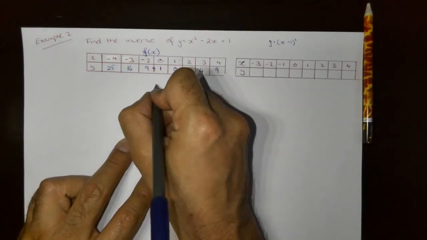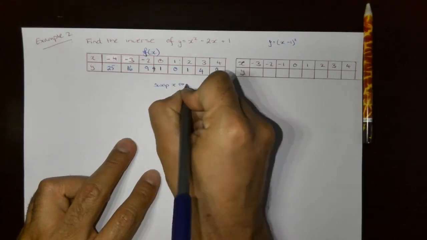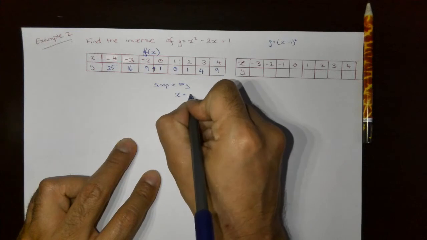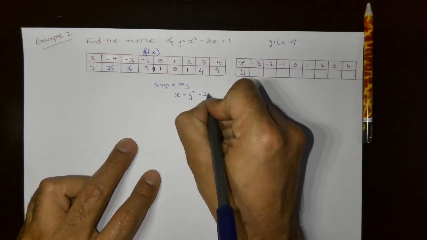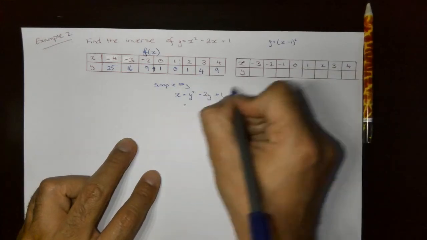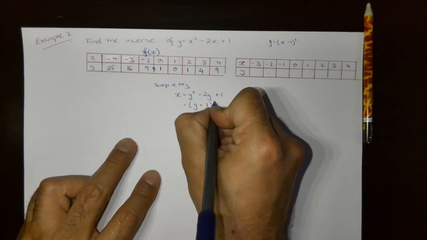I'm going to swap first. Swap x and y's, so it becomes x equals y squared minus 2y plus 1. And as we said, that's a factorized form, so we have y minus 1 all squared.